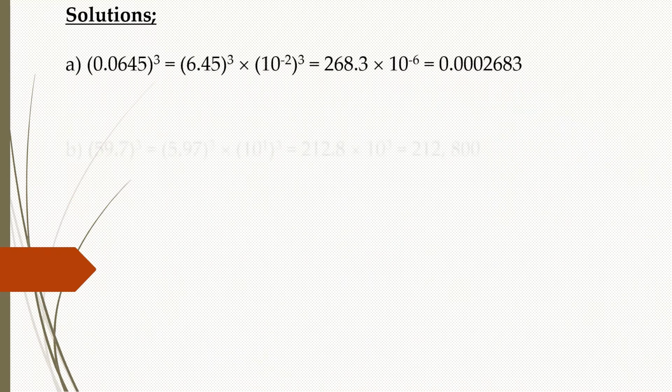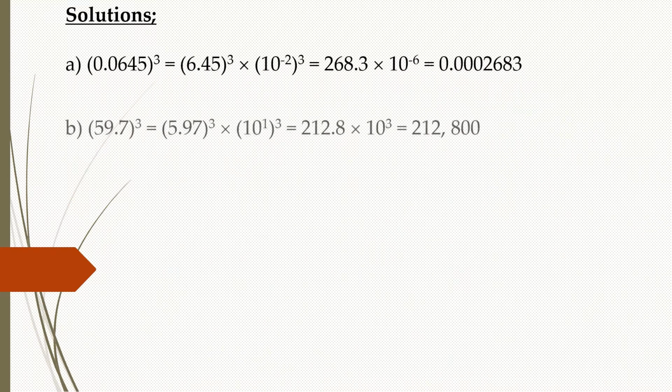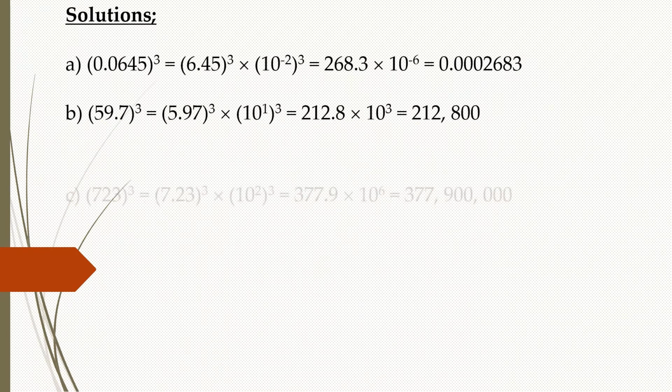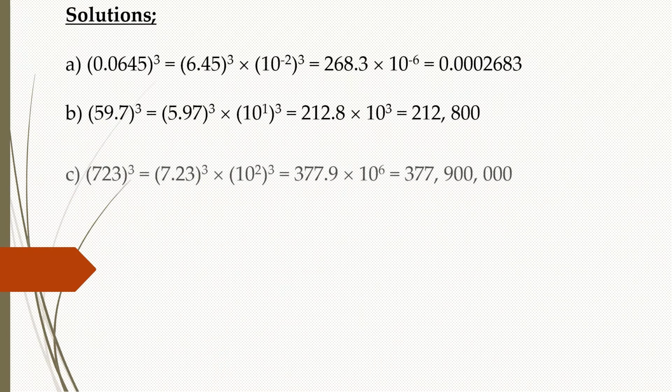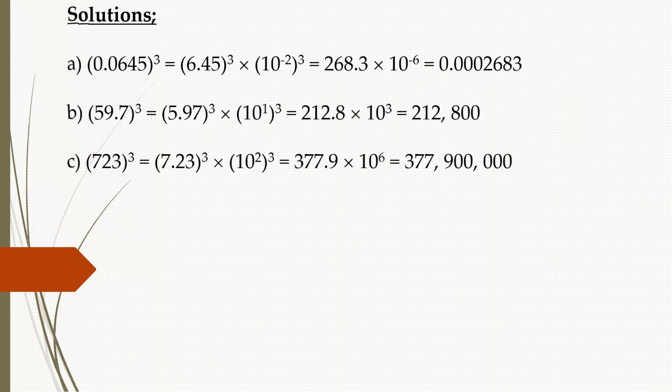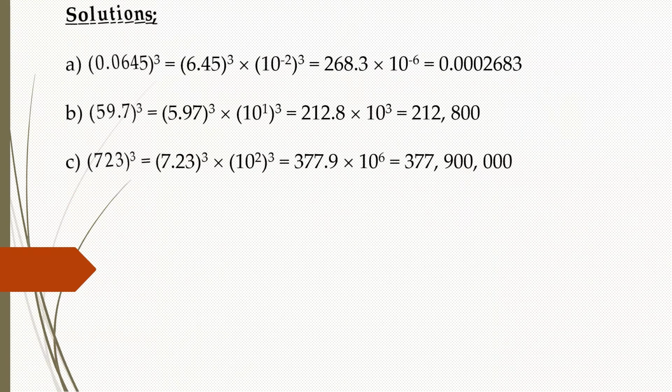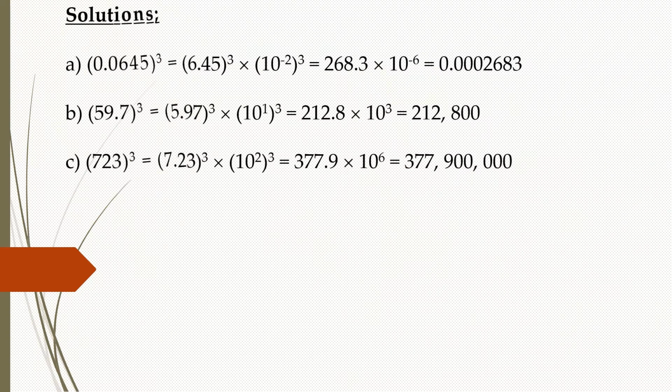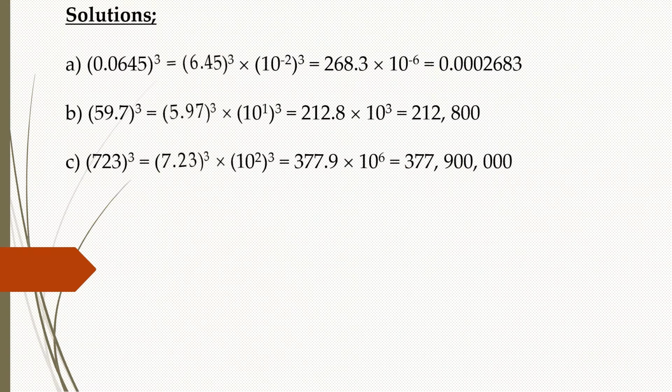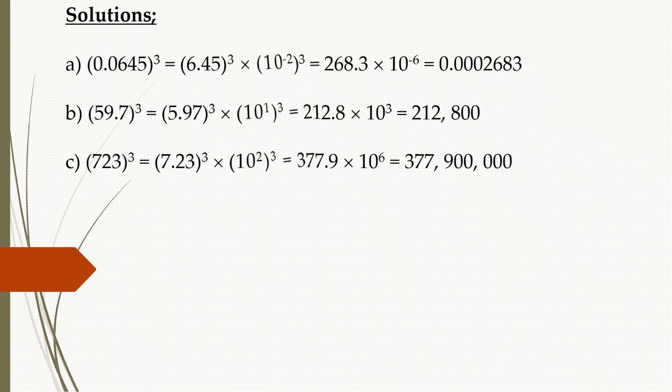So the solutions of the numbers that we had, remember our numbers were 0.0645, only that we ensured that we have written the numbers in standard form. After checking the solutions in our mathematical tables, the 6.45 cubed has given us 268.3.